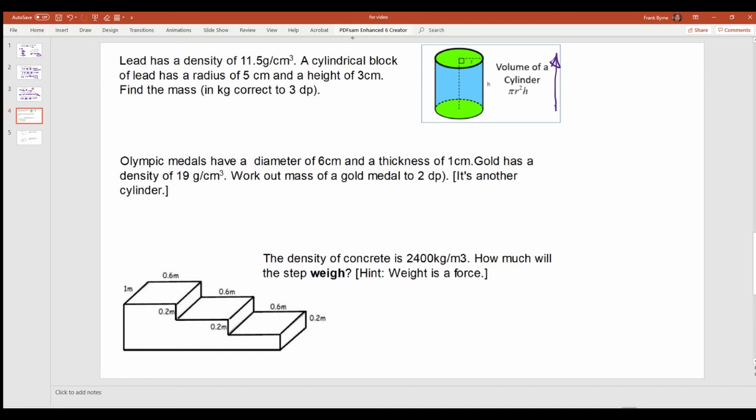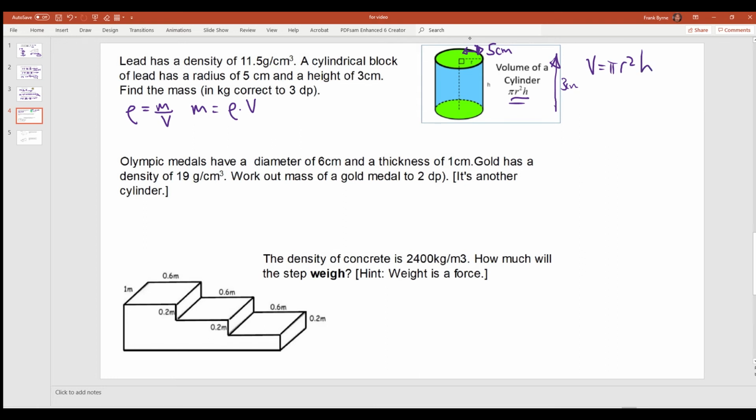Density equals mass over volume, so mass equals density times volume. The trick to this one is actually calculating the volume, and the volume is pi r squared h.